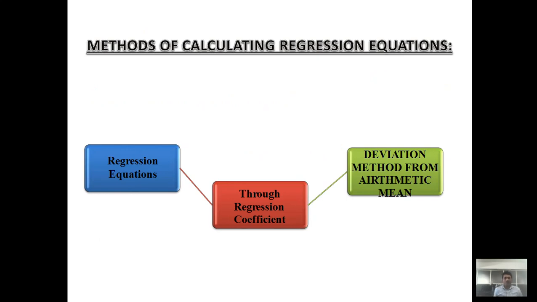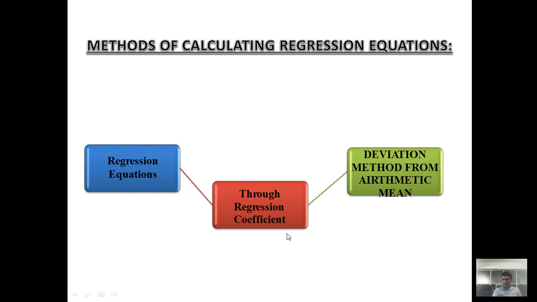Now, the method of calculating the regression equations. To find the regressions, we have to solve the regression equations. But to find the regression equations, we require the regression coefficients. How can we find the regression coefficients?